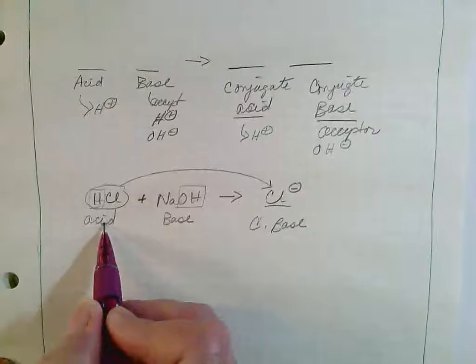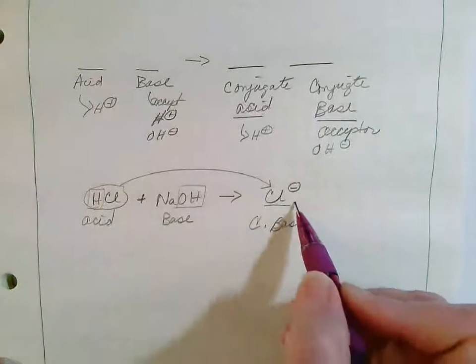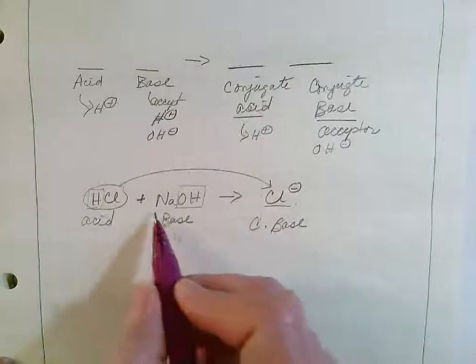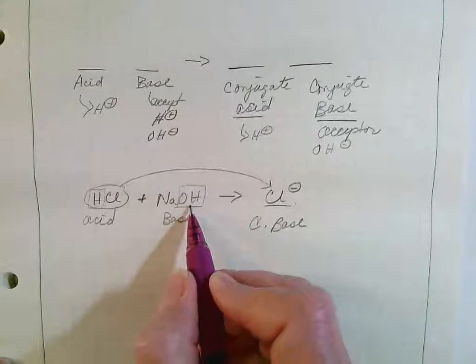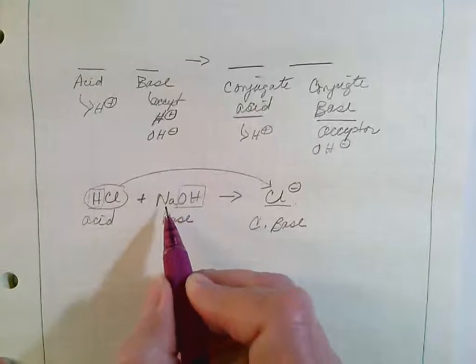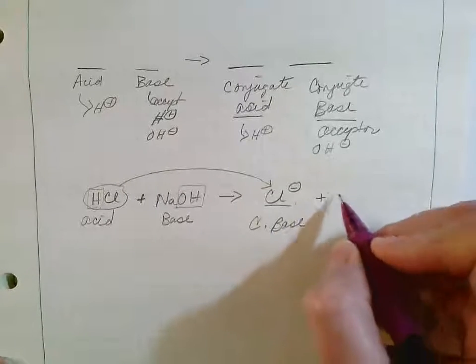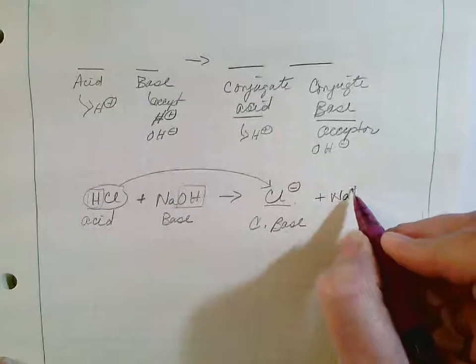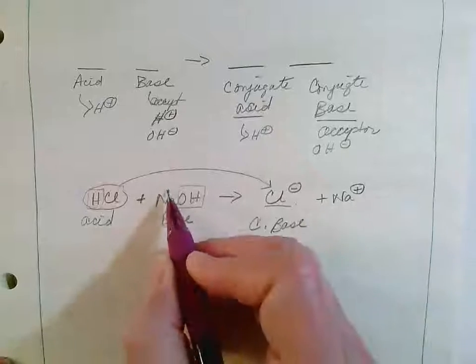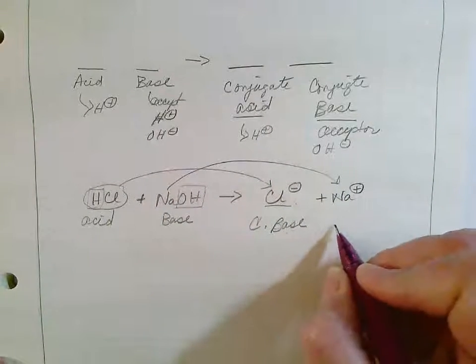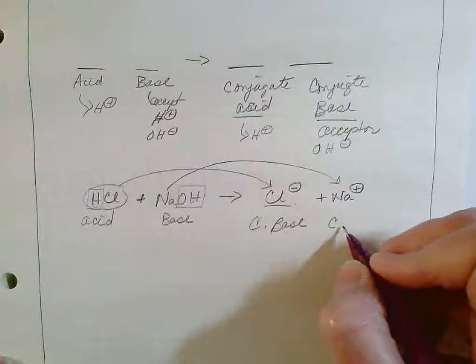And so when the acid dissociates, the anion is going to be the conjugate base. Now, when sodium hydroxide dissociates, it's going to create a sodium ion, and this coming over to here, you guessed it, this is going to be the conjugate.